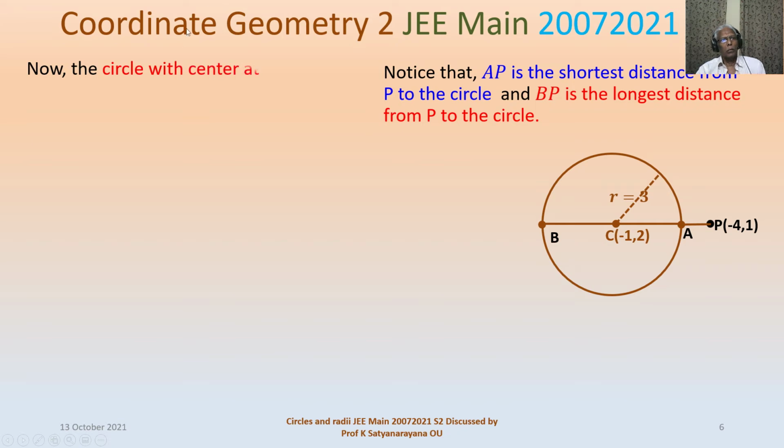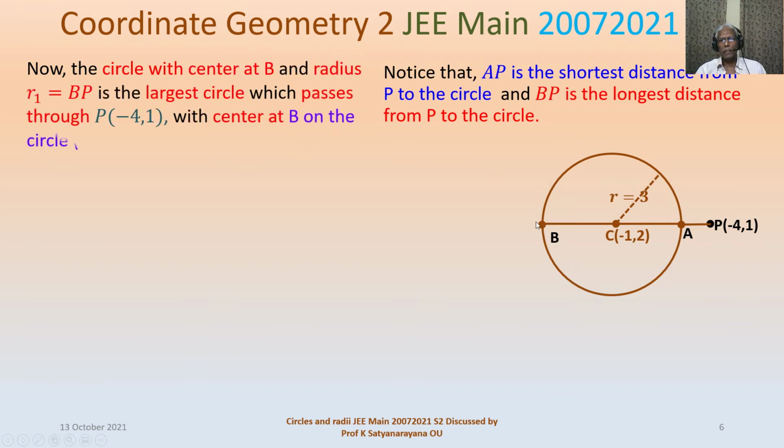Now the circle with center at B and radius R1 = BP is the largest circle which passes through the point P (-4, 1) with its center B on the given circle. So that will be the largest radius, R1.